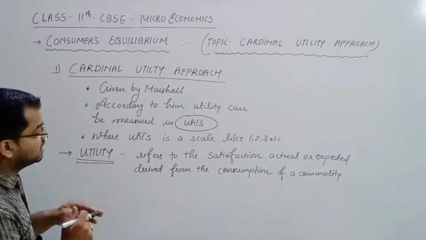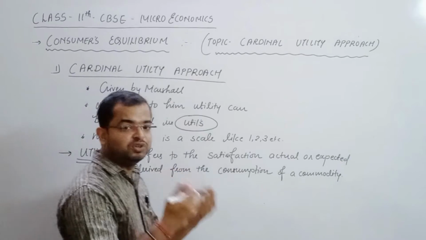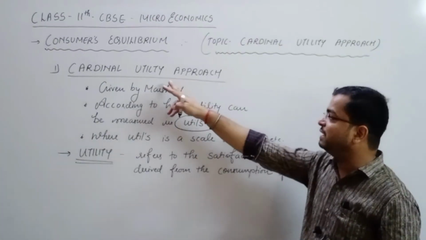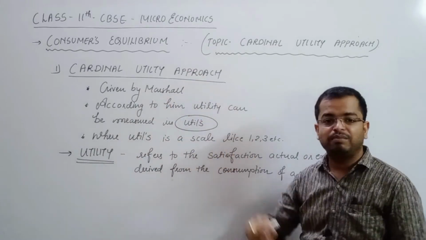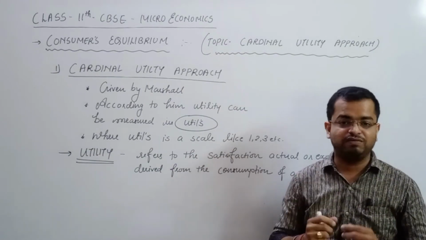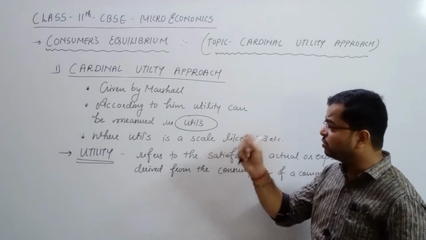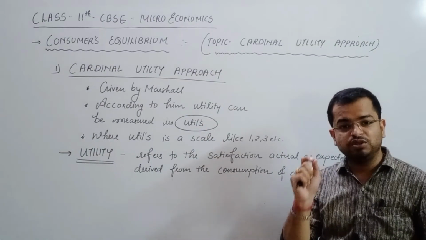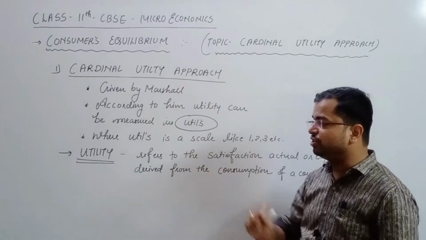And that's why we can say that the concept of utils, the measure for the calculation of utility, was introduced by our economist, Professor Marshall. So this one util is known as a unit for measuring the value of utility.